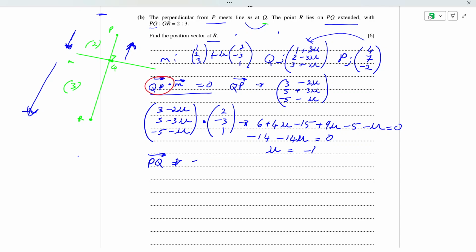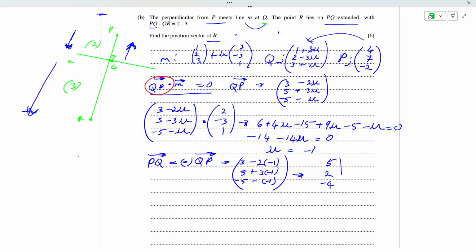All right, so I'll find what PQ is. PQ is equal to negative multiplied by QP. That's what I'm going to do here. So I have 3 minus 2 minus 1, then 5 plus 3, -1, -5 minus -1. Over the bracket, we have 5, then 2 and -4.